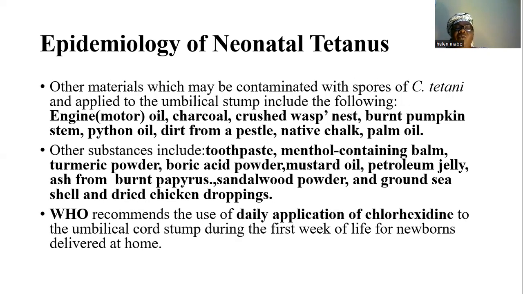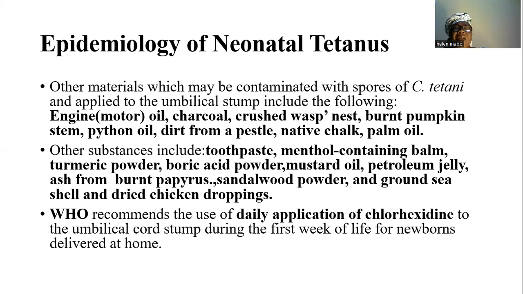Other materials which may be contaminated with spores of Clostridium tetani and when applied to the umbilical stump include the following: engine or motor oil, charcoal, crushed wax net, palm oil, burnt pumpkin skin, python oil, dirt from a pestle, native chalk.